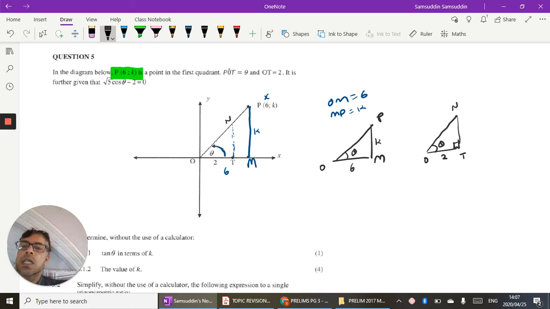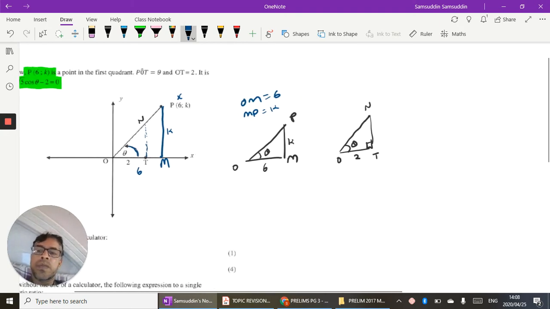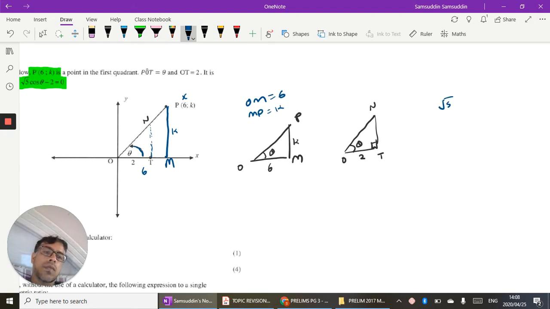Further, they are telling me root 5 cosine theta minus 2 equals 0.